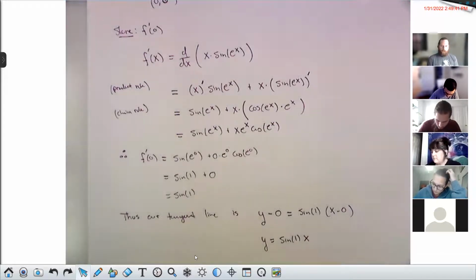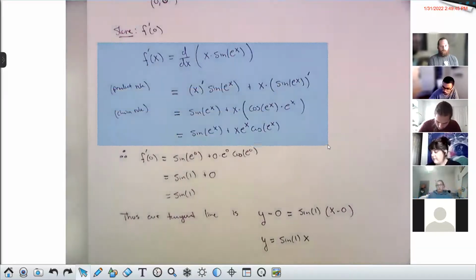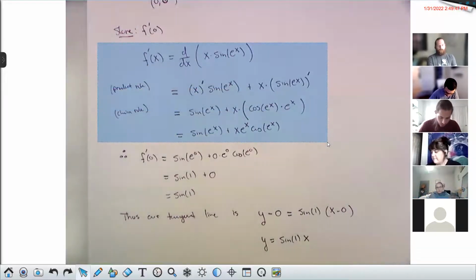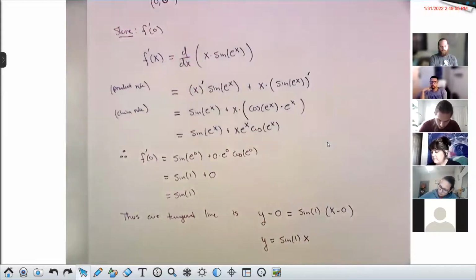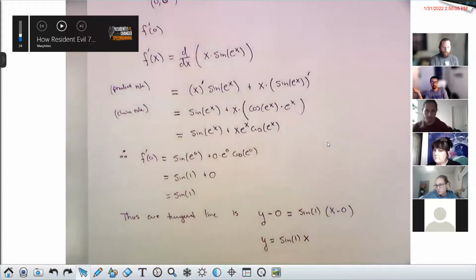Any questions on the derivative calculation, the stuff here? For most problems like this, where it's a product, you should use the product rule first, right?